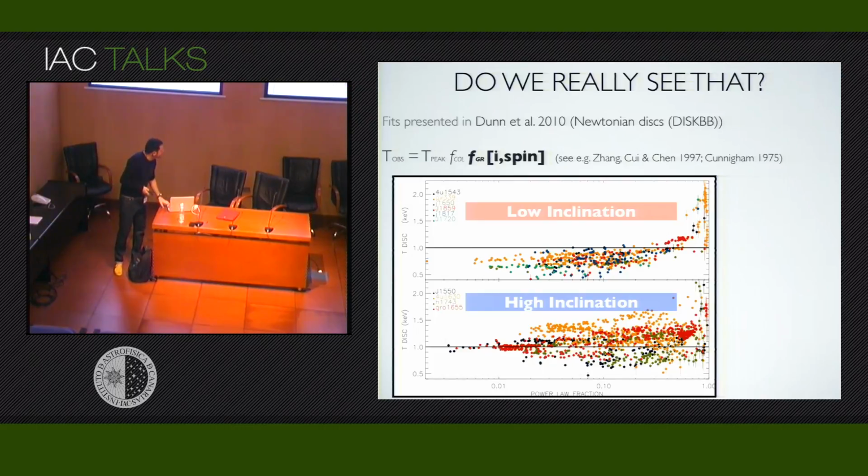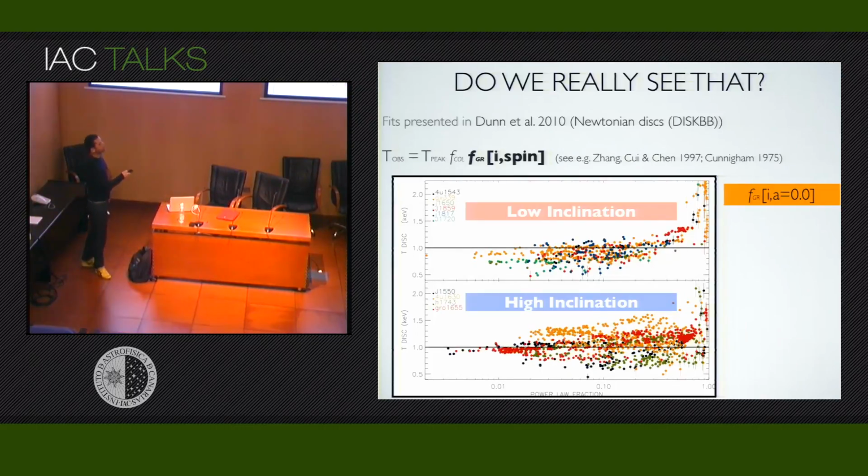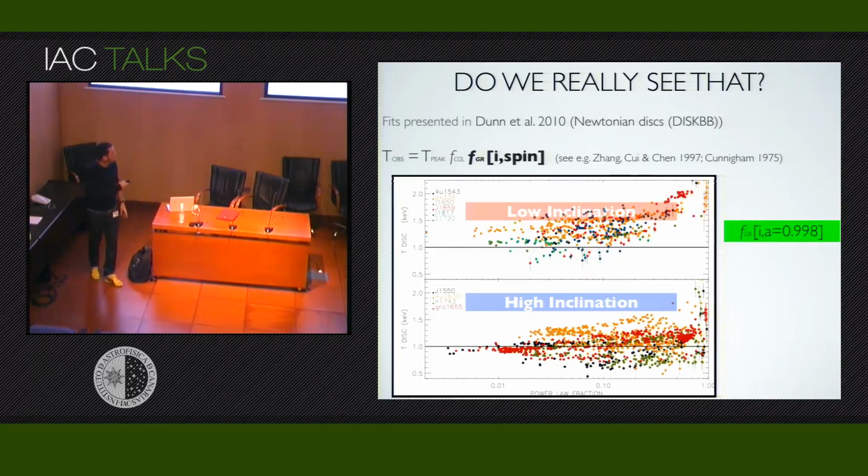When we apply a zero spin correction, which would be the minimal correction that we can apply, we can see that the temperature moves slightly to higher values. But still, there is a discrepancy between these two populations. We can also apply the maximum correction, and now the match is better, but this correction is probably too much.